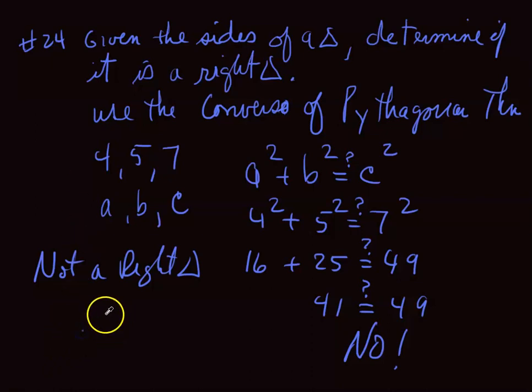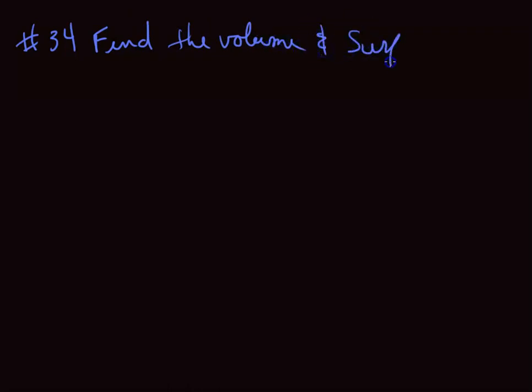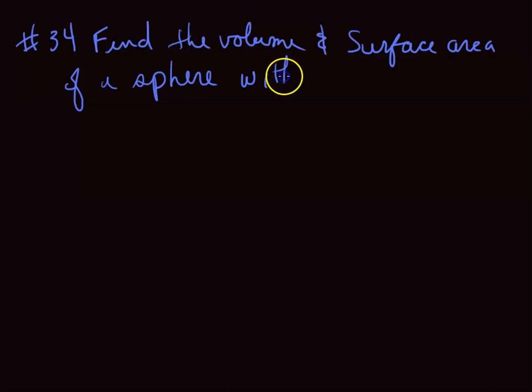So let us continue. How about number 34? Find the volume and surface area of a sphere with a radius 3 feet. Might as well write that down. That's a step. The volume, find it, and surface area of a sphere with radius 3 feet.